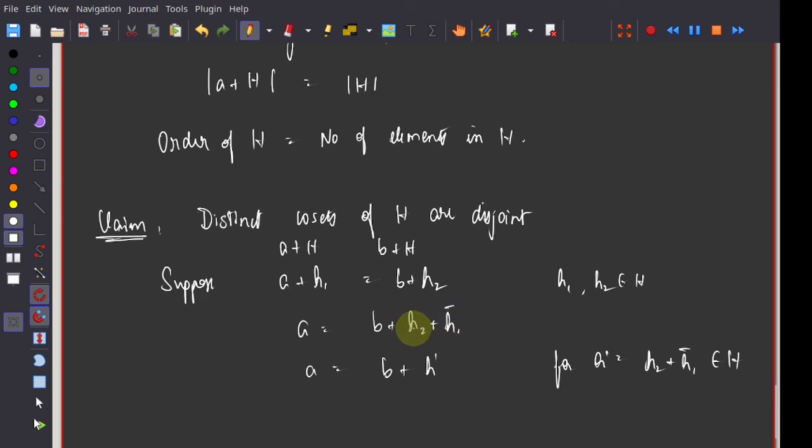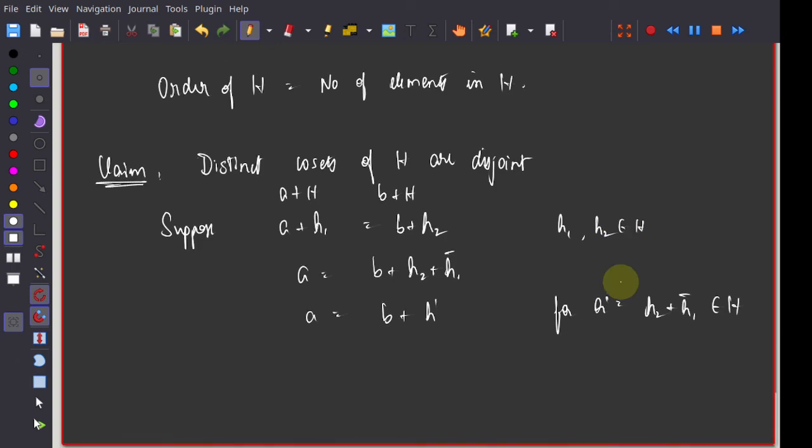Because H1 and H2 are both in H, H1 bar is in H, and therefore H2 plus H1 bar is also in H, just using the properties of the subgroup. Okay, so we know that this is true.